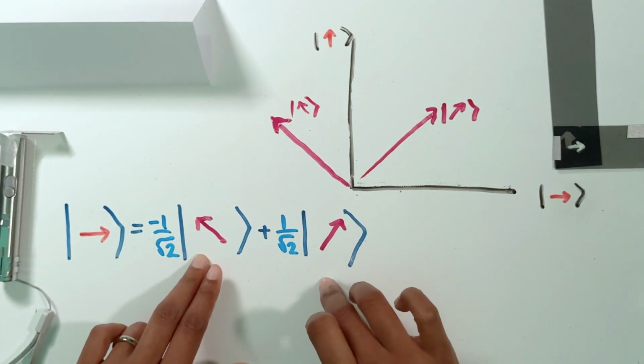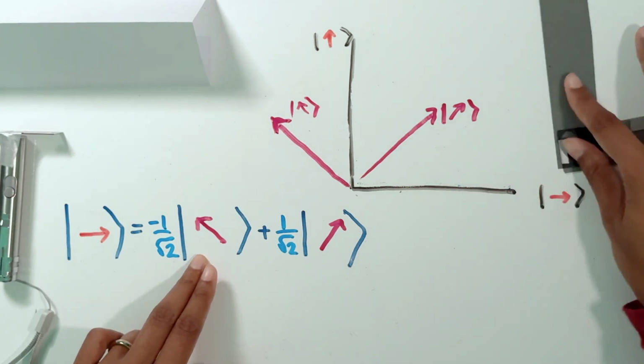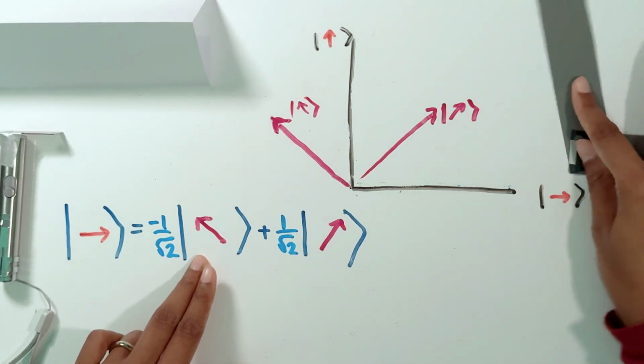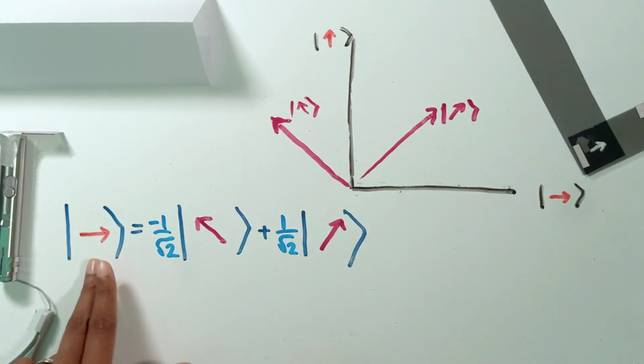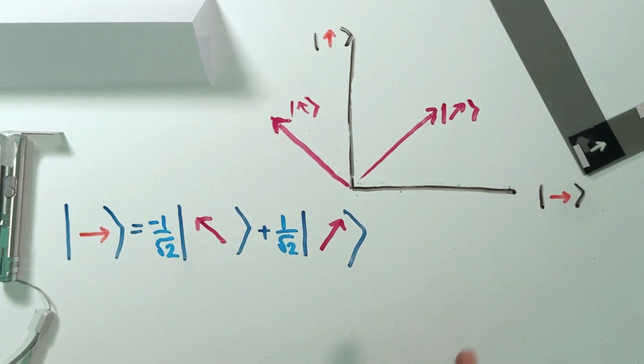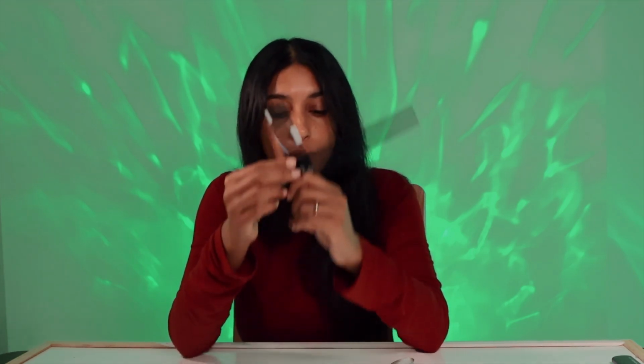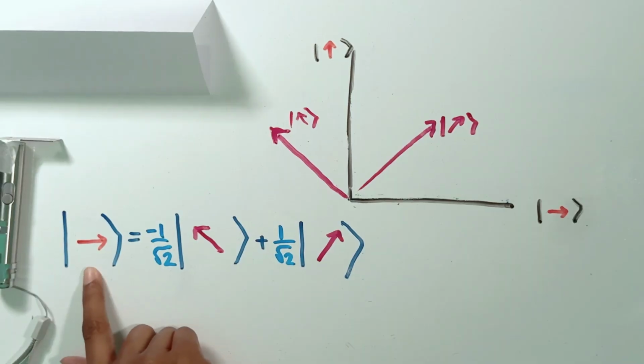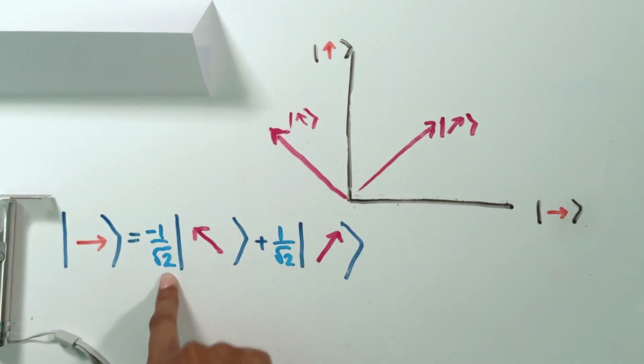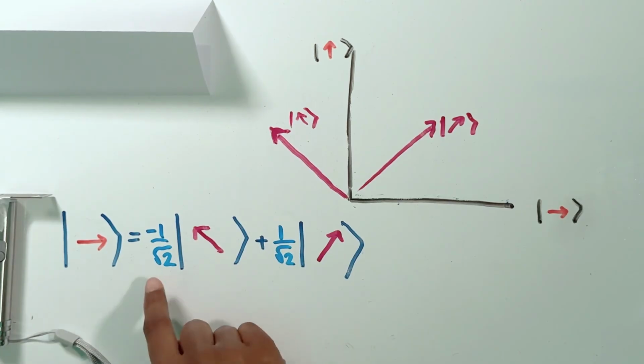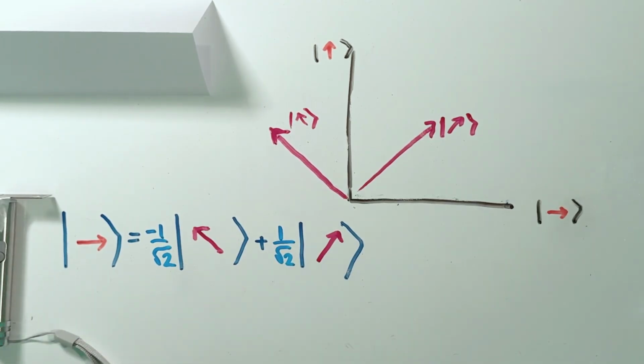But on the other hand, when you think about any other measurement, so rotating this by any amount, this vector is now actually a combination of two other vectors. So in general, whatever type of measurement you're trying to do, what you have to first do is write the vector that represents the state of this light in terms of these two basis vectors, and then look at the coefficients and take the square of those to find the probability.